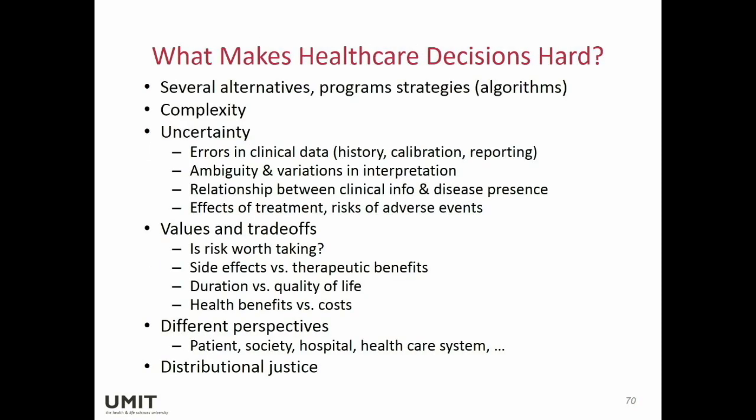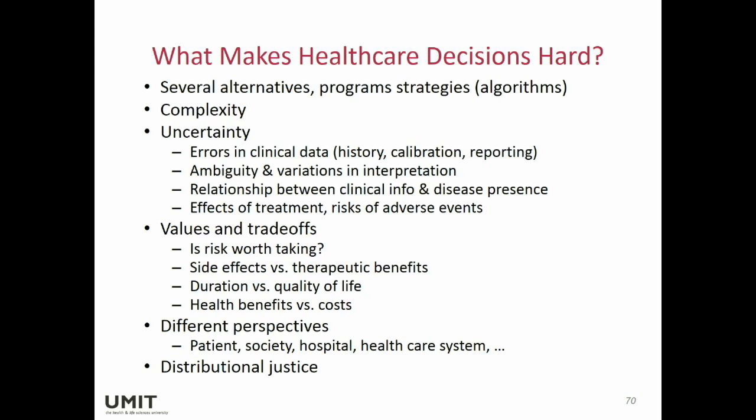For example, what makes healthcare decisions so hard? Well, you often have to deal with several alternatives. When you think, for example, of screening, as Uwe mentioned in the beginning, there are many, many different screening programs that you could think of, even if you think of only colorectal cancer screening.